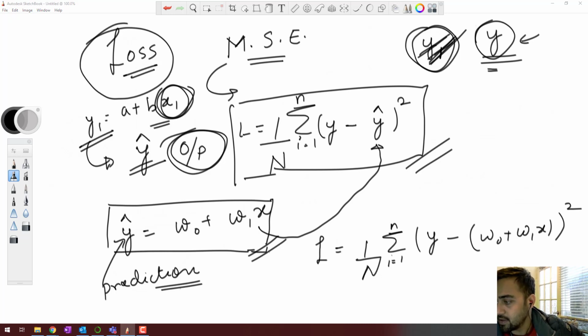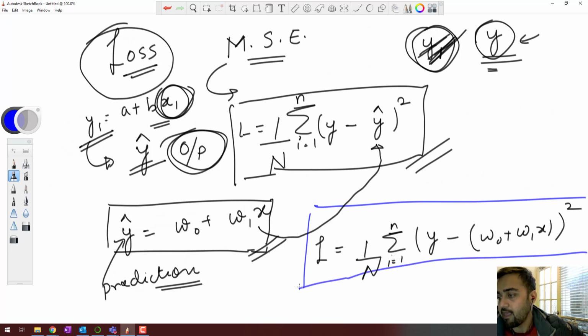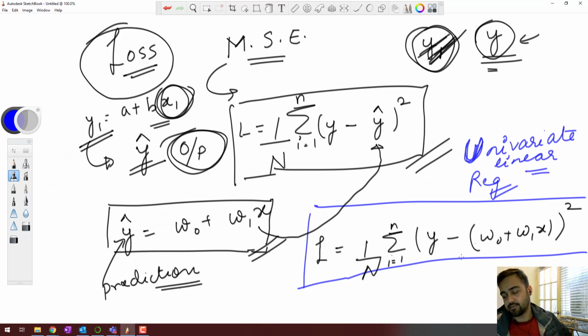So this is basically your loss function for regression, and especially for univariate linear regression. All right.